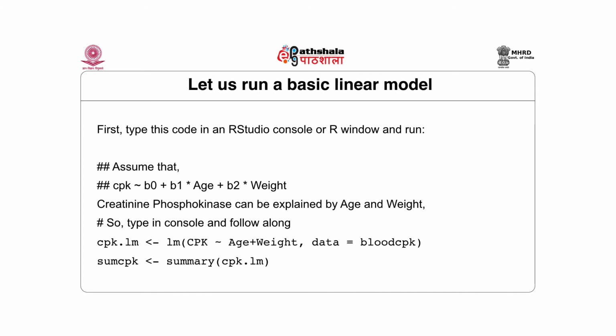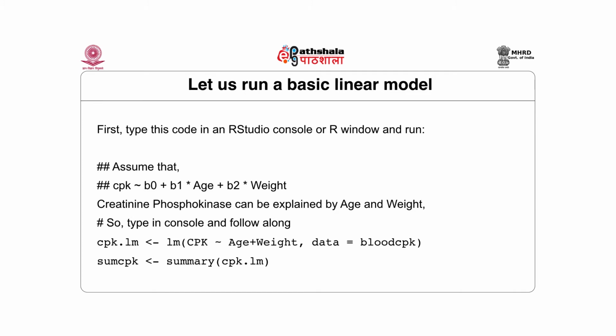Now, coming back to the R speak, or the language conventions of R, we can put in a Wilkinson-Rogers formula here, which goes like cpk.lm, which is the object to which we store the product of the linear model of cpk, which is the outcome variable, therefore it sits at the leftmost end.